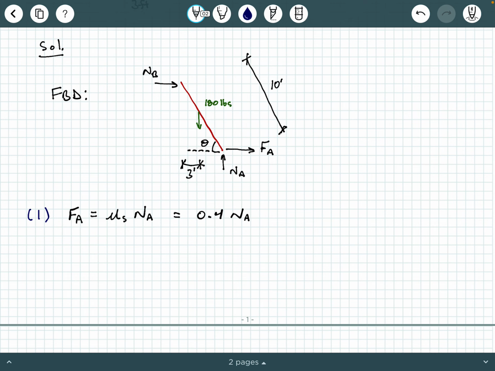This is a two-dimensional rigid body. So our next three equations, giving us a total of four equations, will be our three equilibrium equations. And so finally, from the three equilibrium equations and this friction relationship, we're going to have four equations that we can use to solve for the four unknowns. But most notably, what we're mostly interested in is the theta eventually.